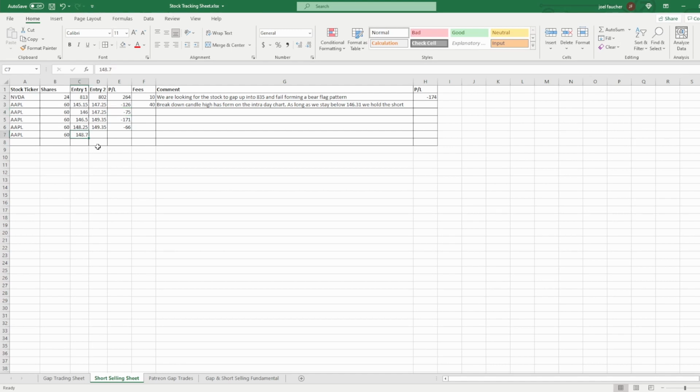So we're in here at 148.70. We're in profits right now. Right now we're down a total of 174 on the short selling side of the strategy. But we did a good trade here with NVIDIA. We shorted at 813. We'll do a video on the NVIDIA short because there's a lot to talk about there.